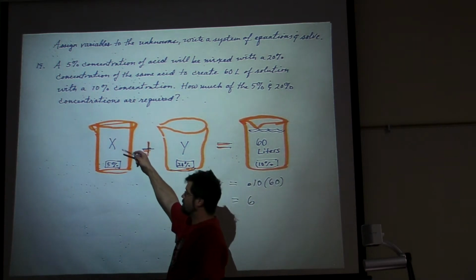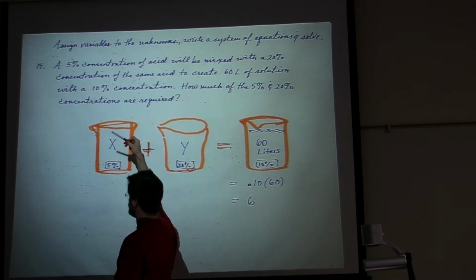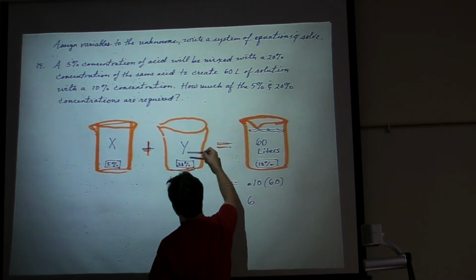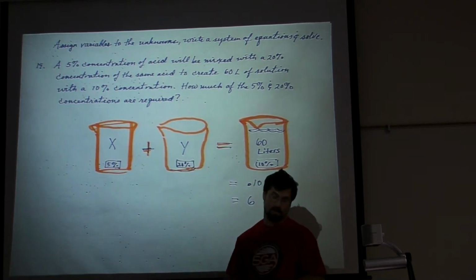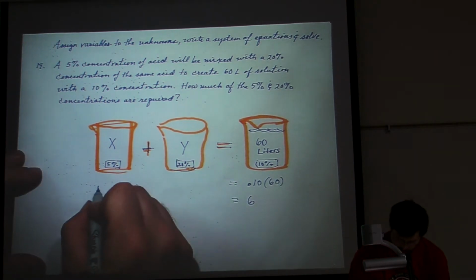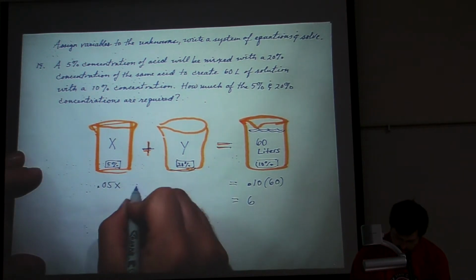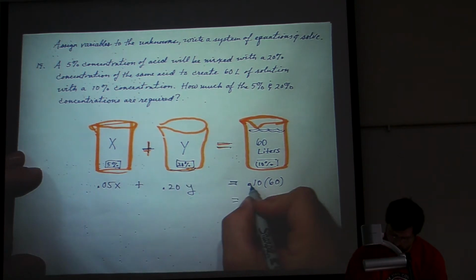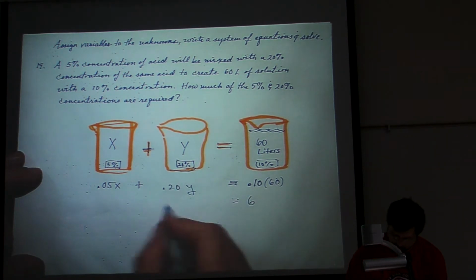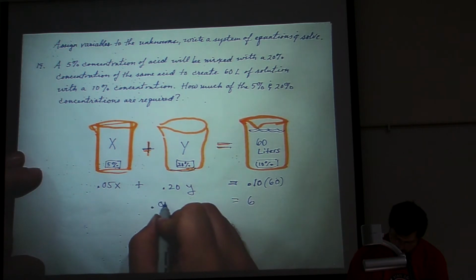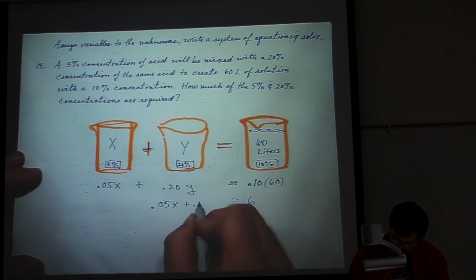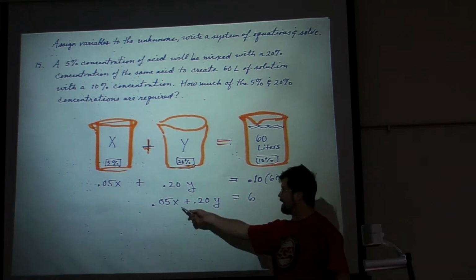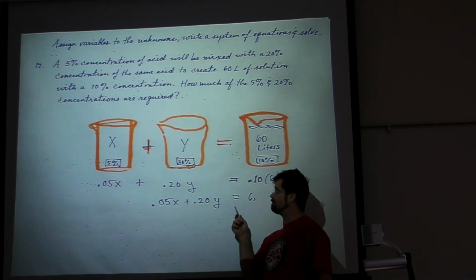Over here, multiplying concentration times volume, I will get 0.05x, and over there 0.20y. So 0.05x plus 0.20y equals 0.10 times 60, or rewritten, 0.05x plus 0.20y equals 6. This is the second equation of my system.